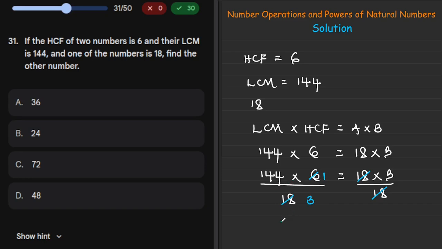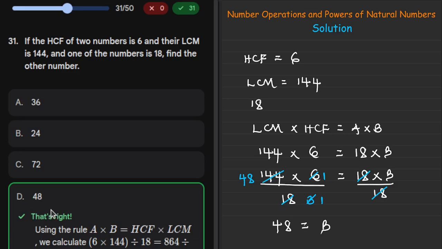What of 144? So for 144, you have 3 dividing itself once, and then it's dividing 144 48 times. Yes, so you can try that. So with that, we would have our 48 being equal to what? B. So B is actually equal to 48. And do we have that here? We have 36, 24, 72, and 48. So that is our answer here, which is D.